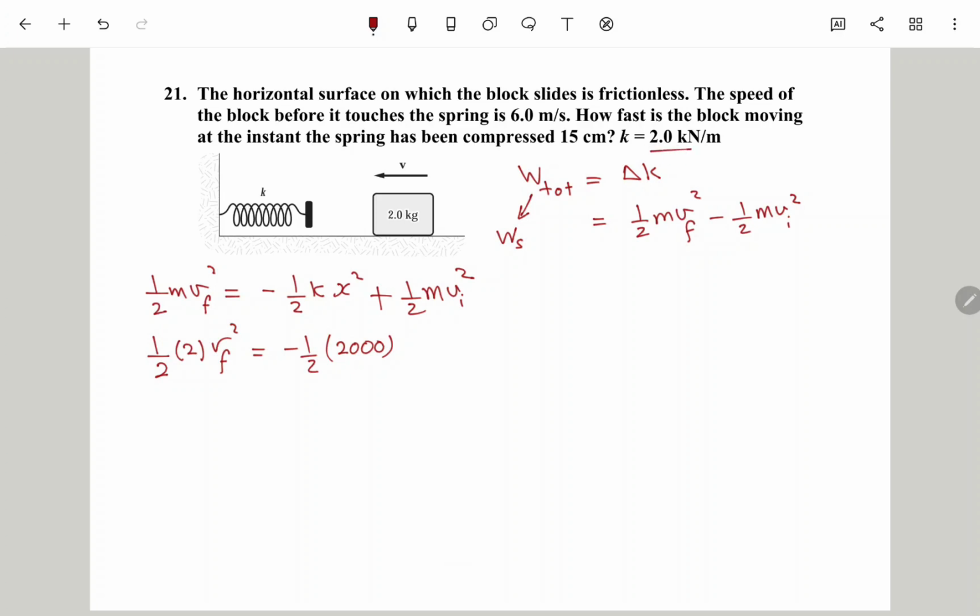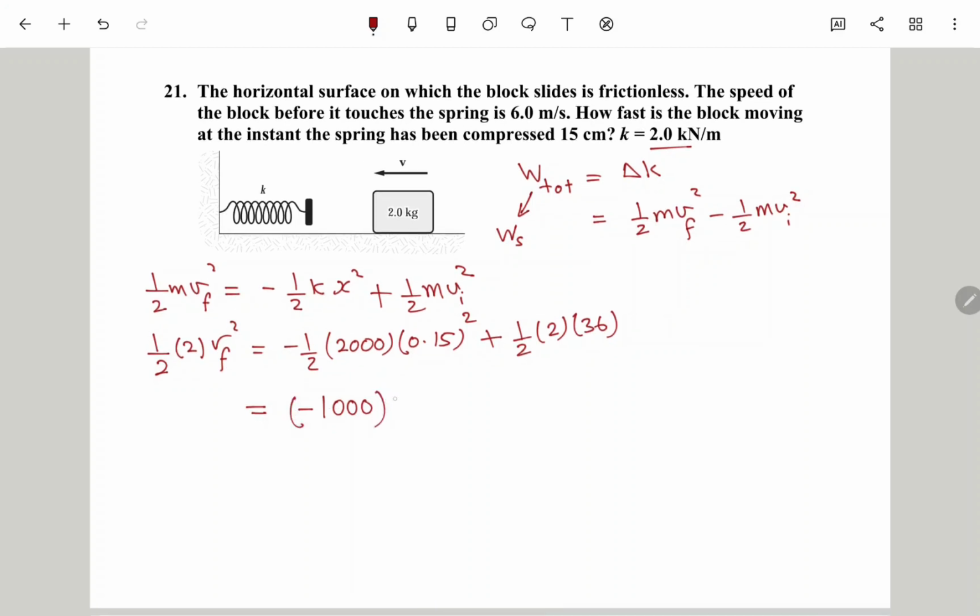this one right here, 0.15, and we actually convert the centimeters into meters, squared, plus half, 2 is the mass in this case, and 6 squared, 36, or minus 1,000 times 0.15 squared plus 36 equals V final squared.